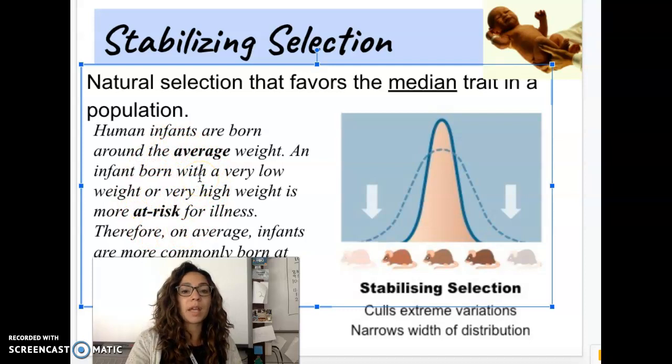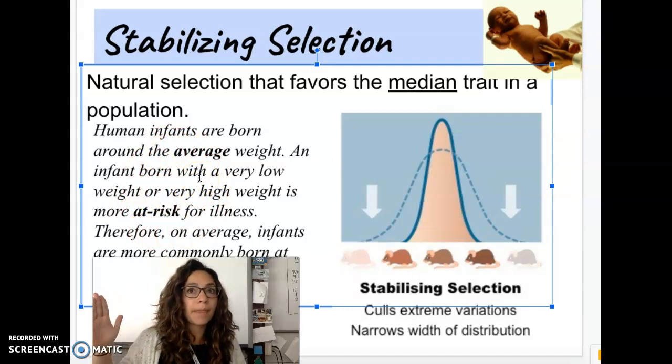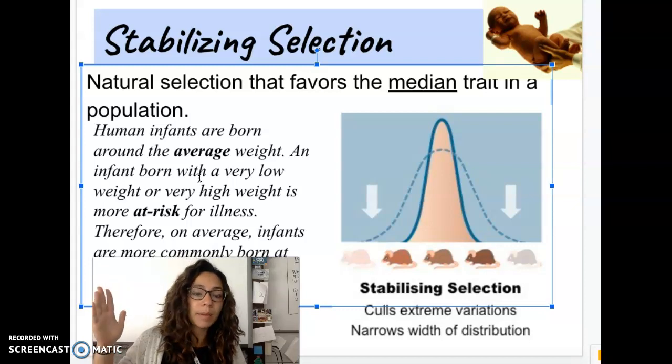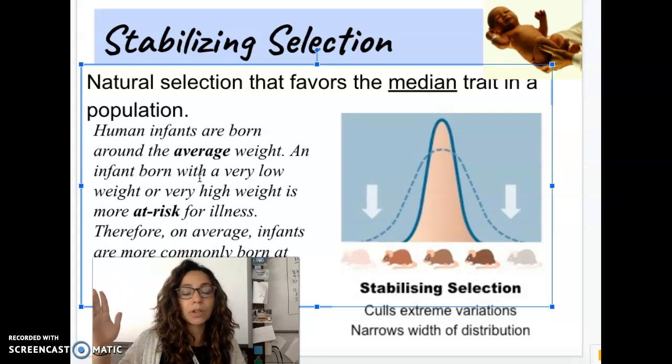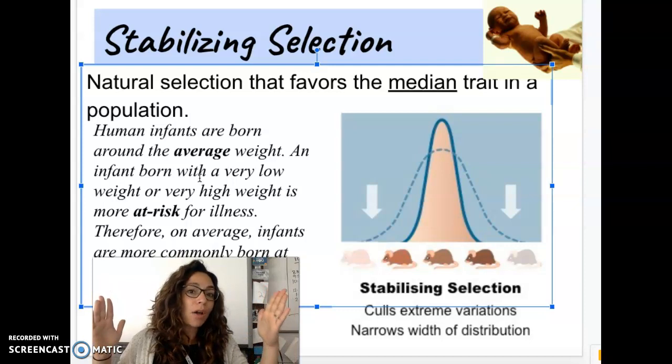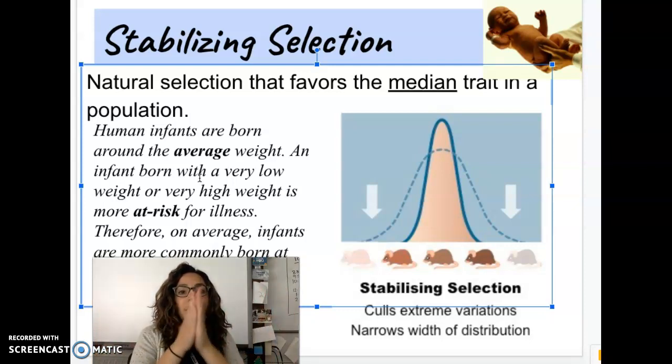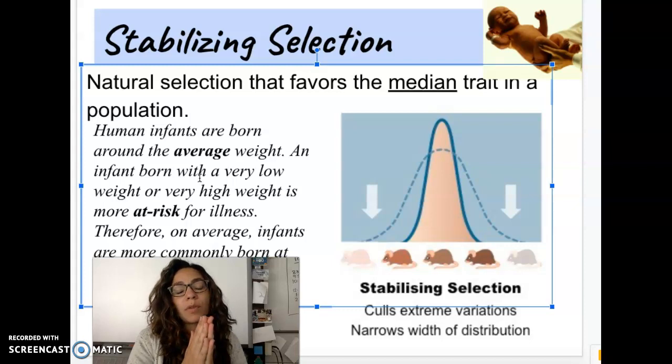Babies that are too big sometimes have trouble getting out of the mother and cause the mother and the baby to have problems, less likely to survive. Babies that are too small are less likely to survive. The ones right in that middle spot, 7 to 8 pounds, are the ones that survive and reproduce more frequently.